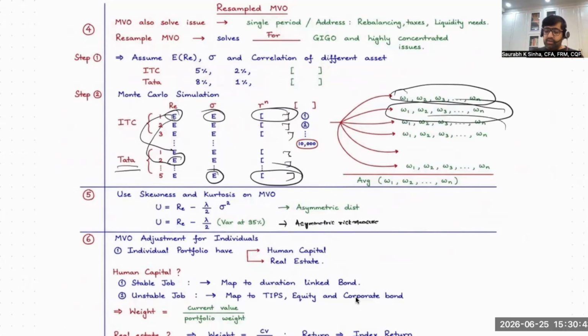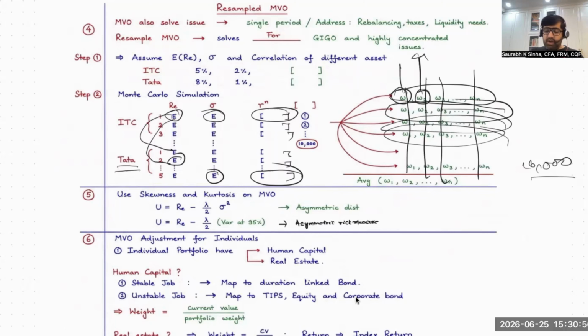Third, fourth, repeat this exercise for 10,000 times. And then take the average of each asset weight. This is the weight for ITC, this is the weight for Tata Steel. But there are 10,000 weights. Take the average. Use this final weights to create your strategic asset allocation. And it will help you resolve most of the problems of mean variance optimization.